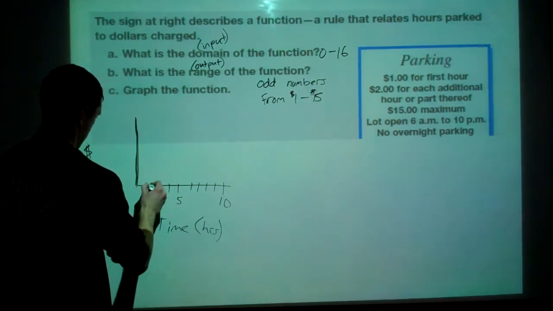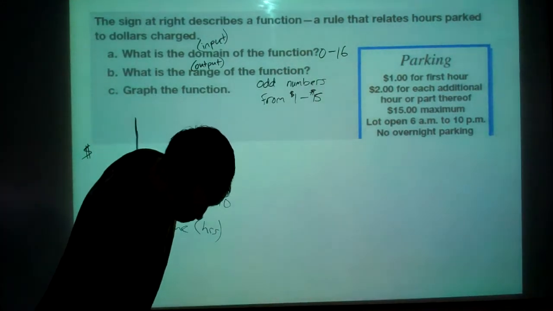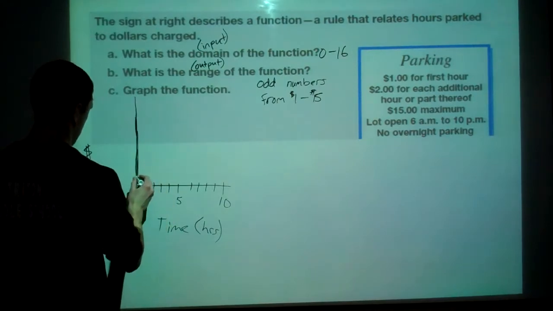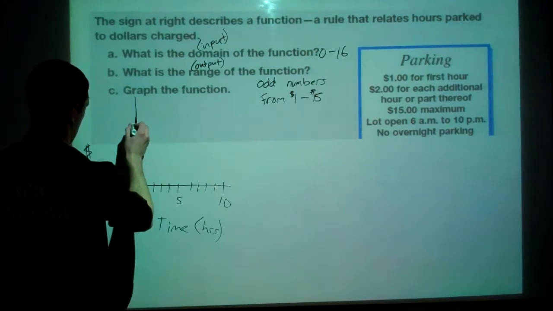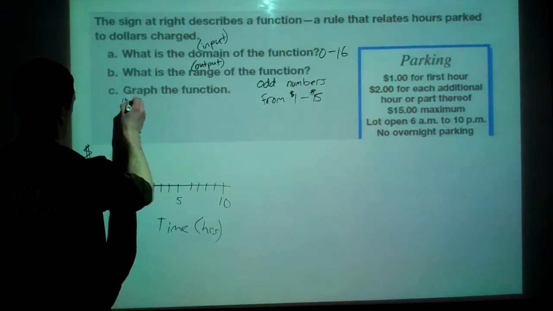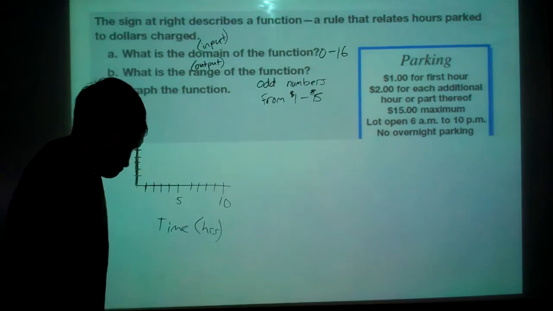Alright, we were setting it up the right way. And this one went up to 15. That's the most you can get. 5, 10, 15. Alright, so the most you can get is $15.